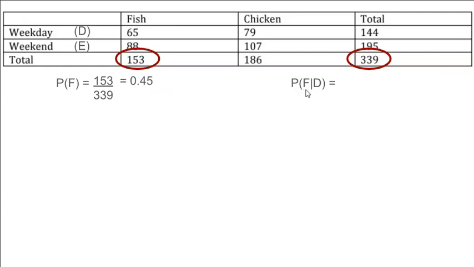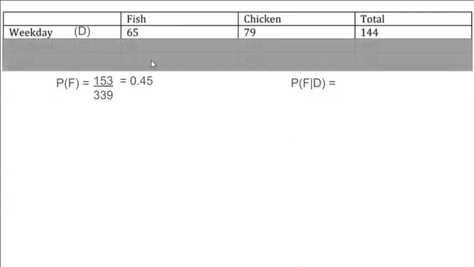To find the probability that someone would order fish given that it's a weekday, we are going to hide all of the weekend information. So I'm only looking at the weekday row. And there are 65 of the 144 orders on a weekday to give me a probability of 0.45.